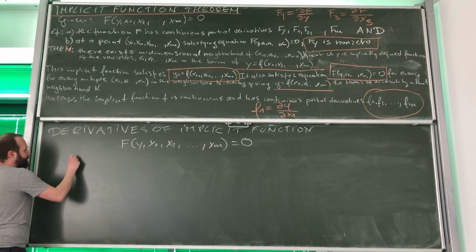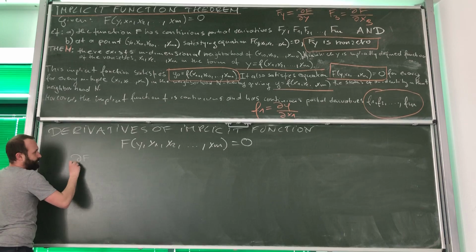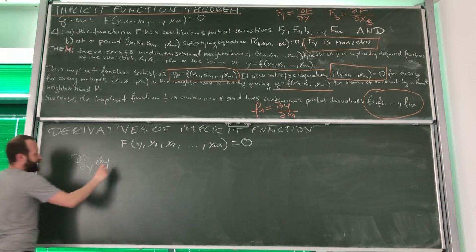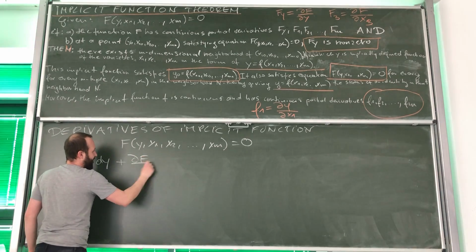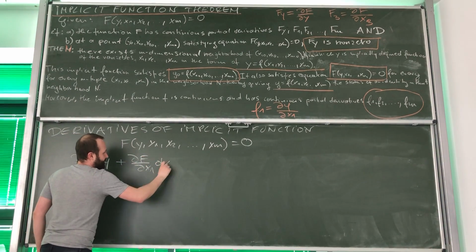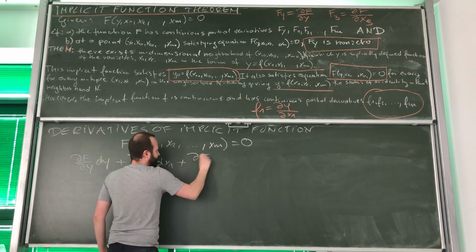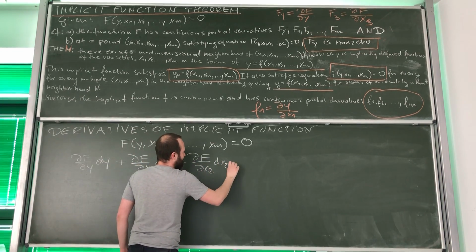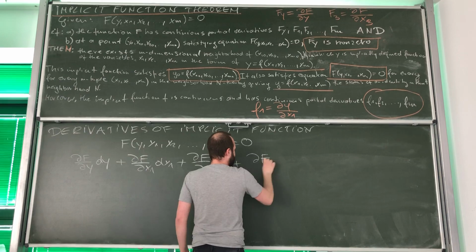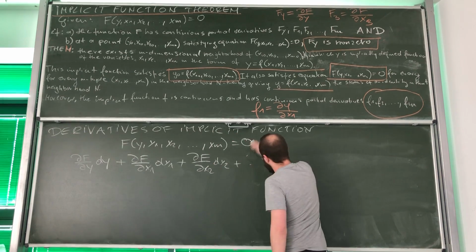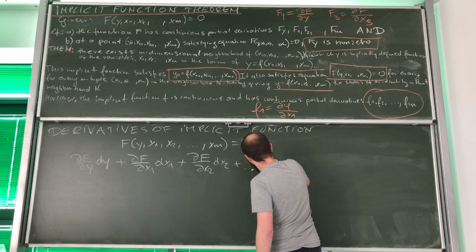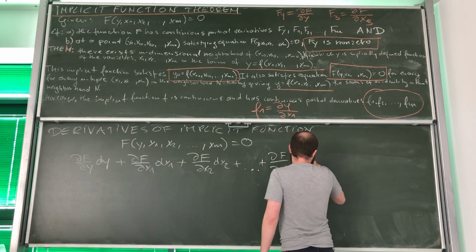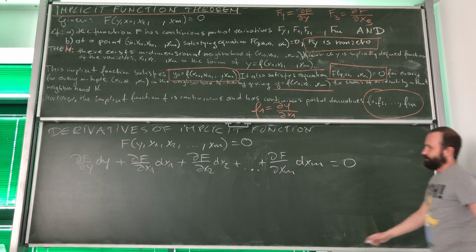This will be the partial derivative of f with respect to y times dy, plus the partial derivative of f with respect to x1 times dx1, plus the partial derivative of f with respect to x2 times dx2, and we go on like this, until the partial derivative of f with respect to xm times dxm, and it all equals 0.